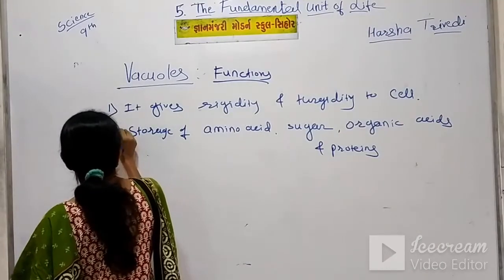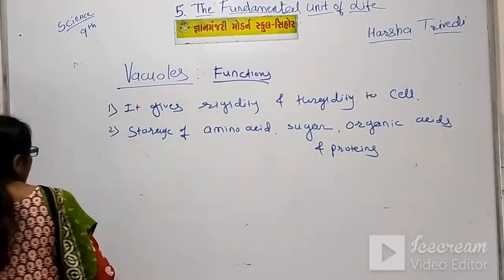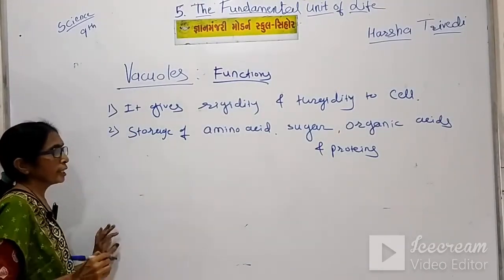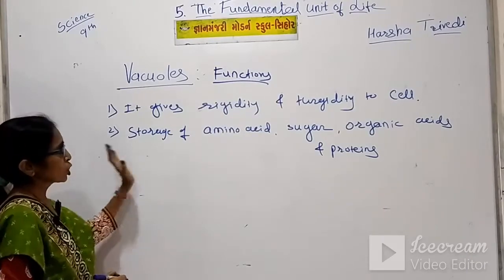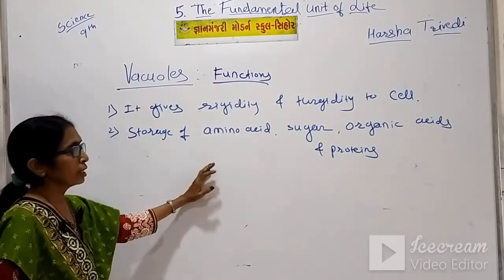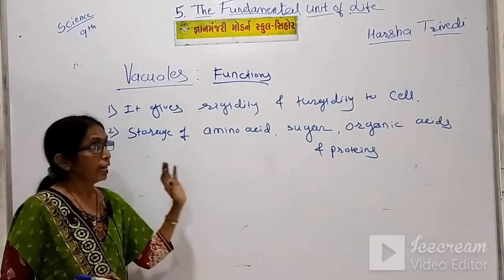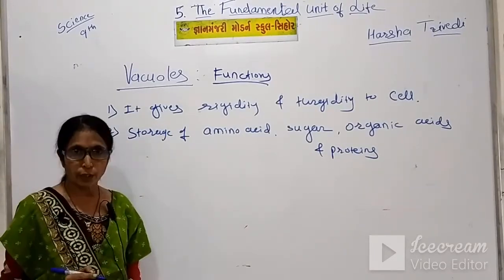So this is the second main function of the vacuoles. It gives rigidity and turgidity to the cell. Storage of amino acid, sugar, organic acid and proteins takes place in vacuoles.